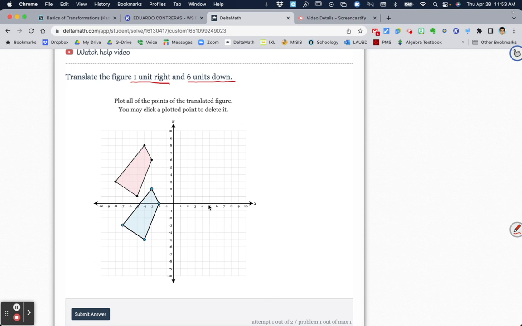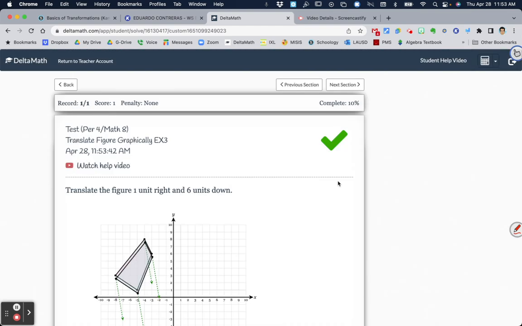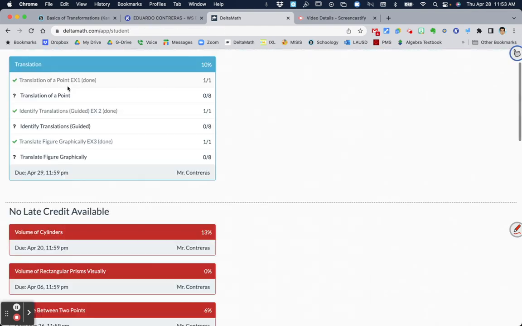And I just translated this following the directions there. Okay. And after you're done, it'll tell you if you did that correctly. Voila. Okay, so you're going to have 8 of those.